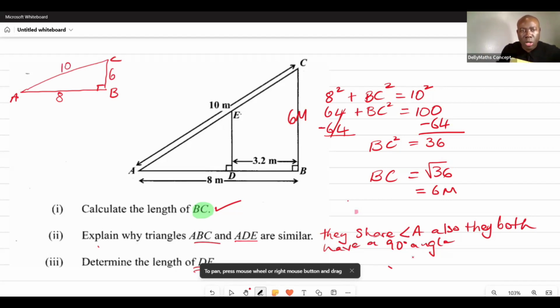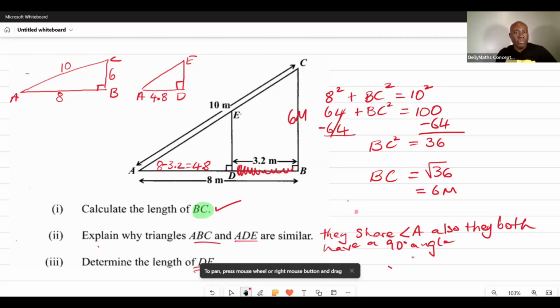I'm going to pull out the smaller one, which is A, D, E. Since this part is 3.2, if I take 8 minus 3.2, it's going to give me 4.8, which means AD is 4.8.